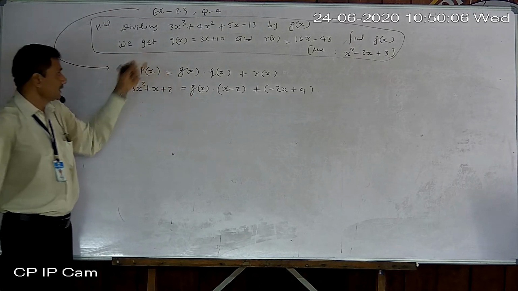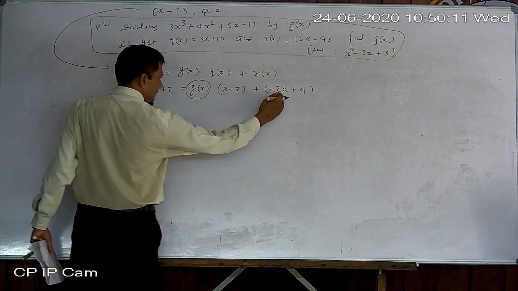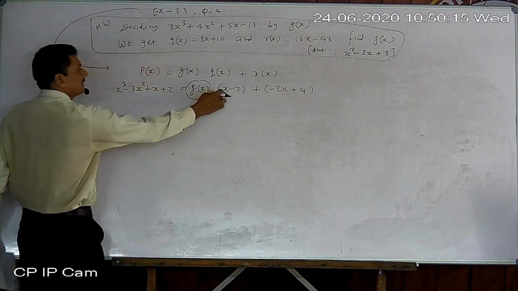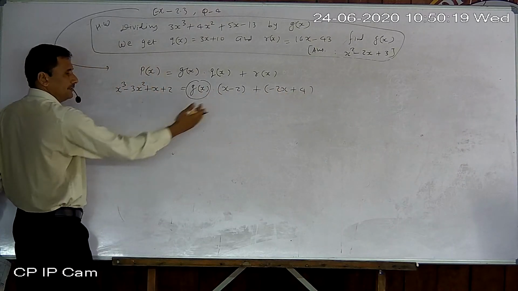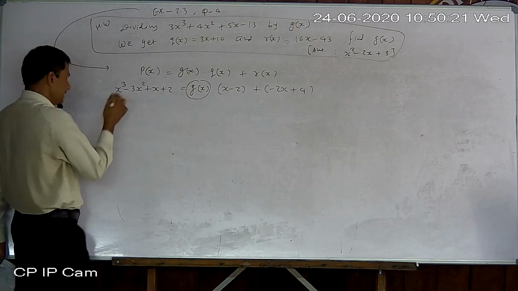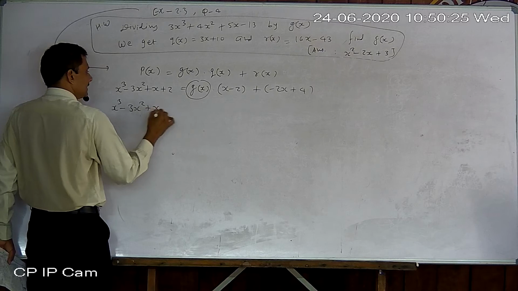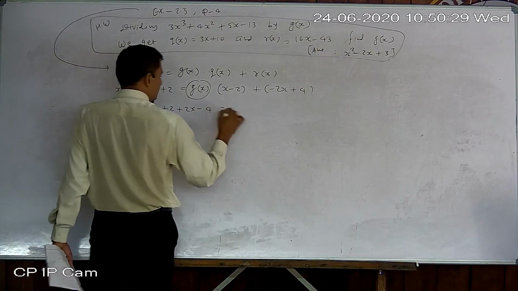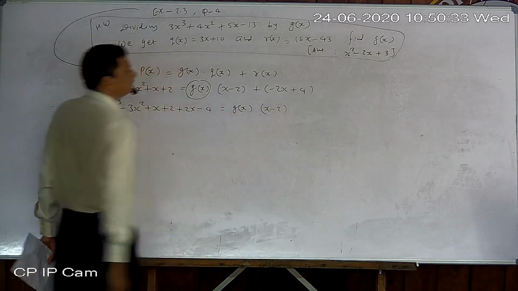Now we have to find this one, so first of all we shift the remainder polynomial towards the left side, so it becomes x cube minus 3x square plus x plus 2 plus 2x minus 4 is equal to g of x into x minus 2.